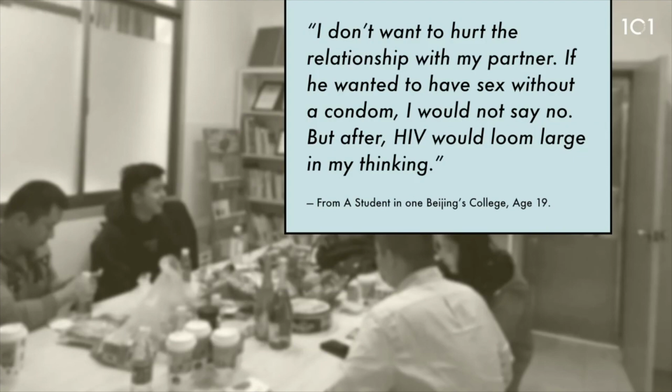Also, lots of students we interviewed told us how condoms influence their relationship. They say, "I don't want to hurt the relationship with my partner. If he wants to have sex without a condom, I would not say no. But after, HIV would loom large in my thinking."